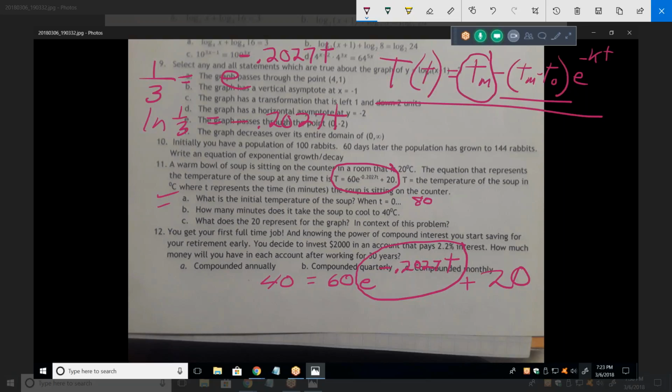So t equals what? The natural log of 1/3 divided by negative 0.2027. Now don't do it in your calculator, just give me an exact answer.